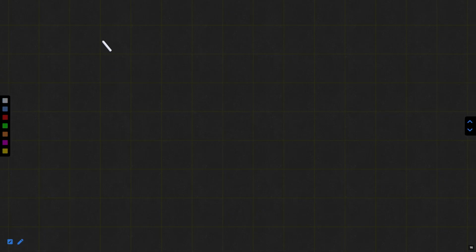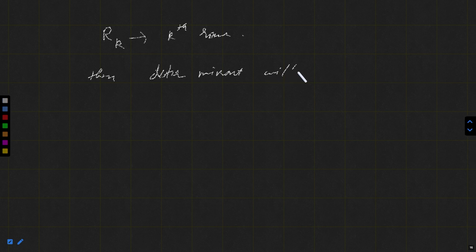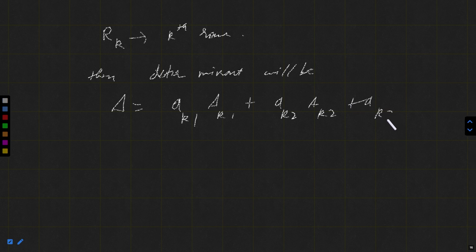Okay, so in general, if you prefer any row, say kth row, so this is your kth row, then your determinant will be, say if kth row you are preferring, ak1 plus ak2 plus ak3.